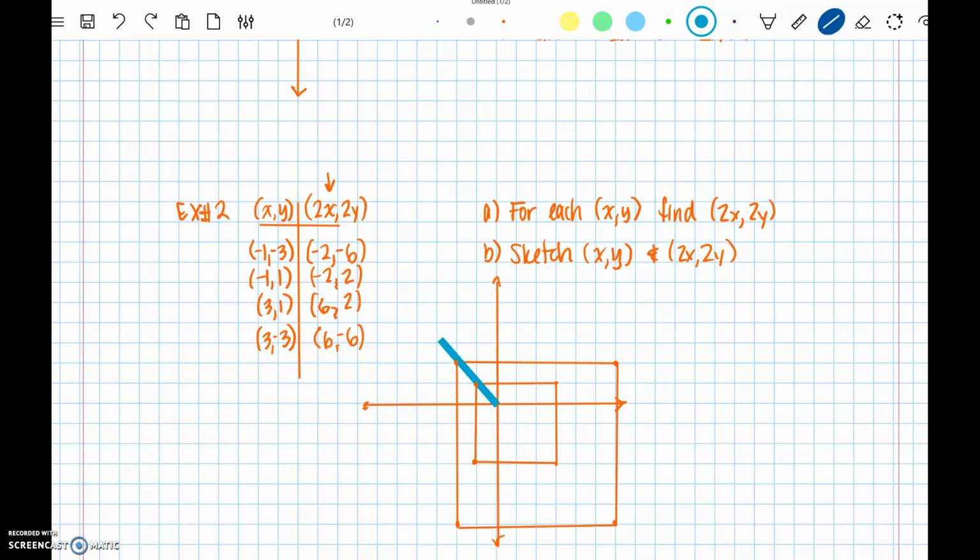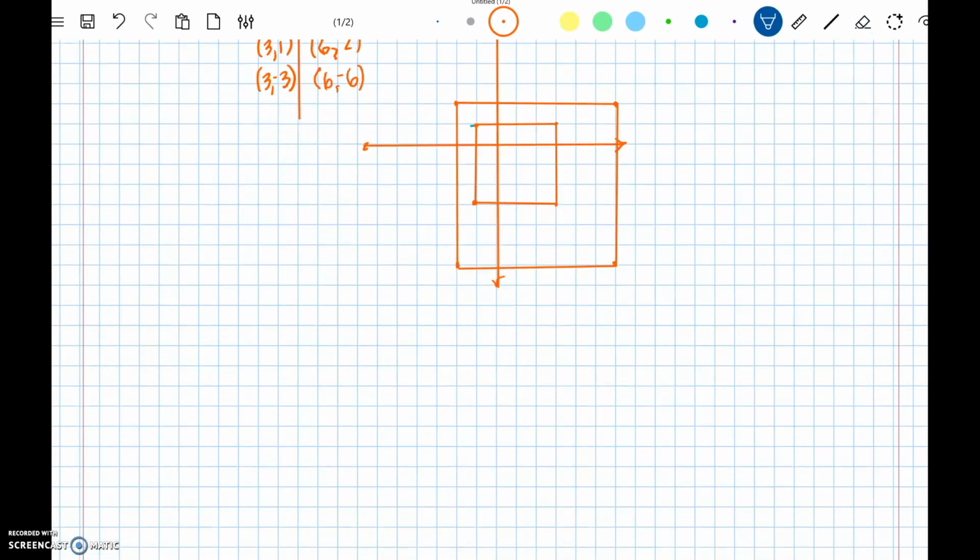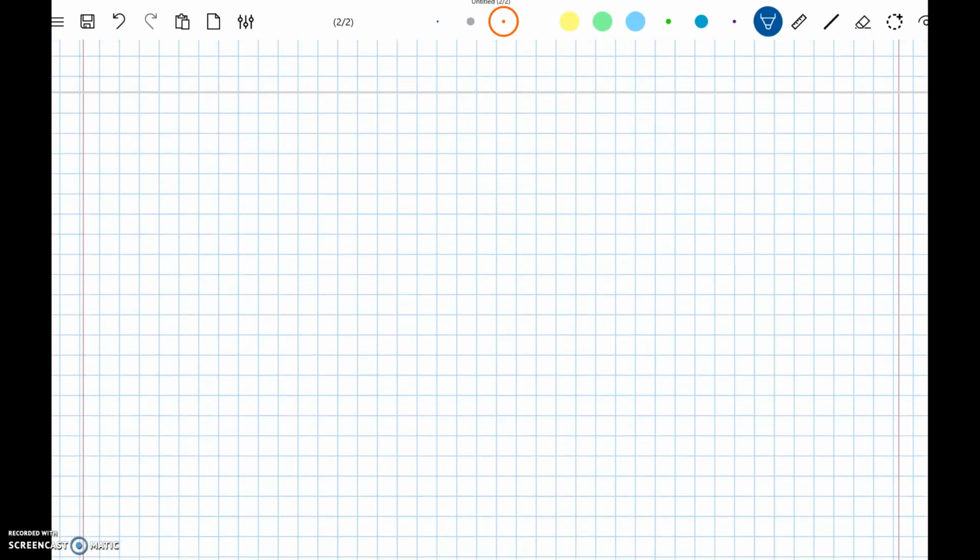So we would have done this through each vertex. And then we measured from the center to the first vertex, and then we would double it. So this actually is centered, the center of dilation is the origin. The centers of the figures are not at the origin.